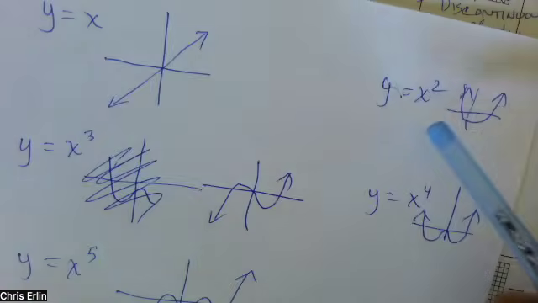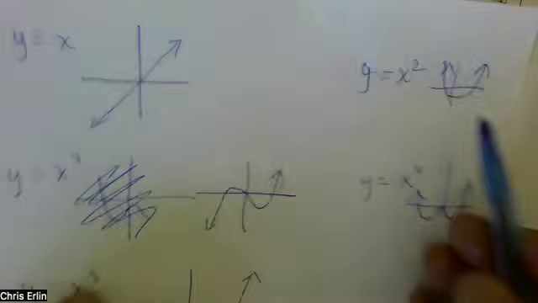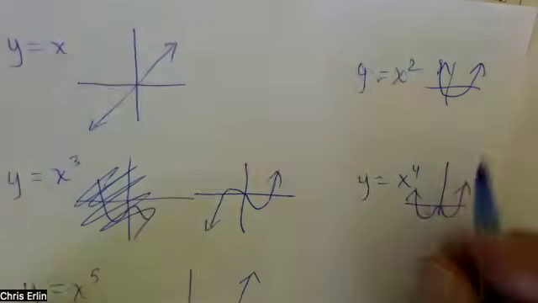What do you notice is common about x squared and x to the fourth? Yeah. They end up going the same direction. That's exactly what we're talking about here. Notice she used the word end because we're talking about the end behavior. There's two ends here: the beginning end and the end end.